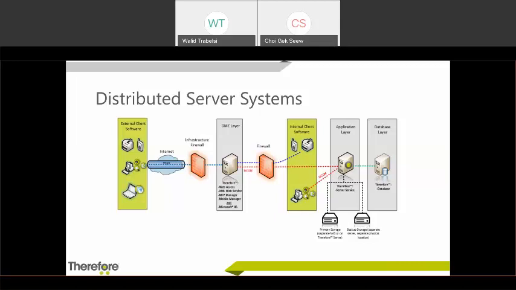But here the subject is how to access your Therefore server without a VPN connection. So it has to be two different servers, so that we can achieve what we mentioned earlier, which is to access Therefore on-premise without the VPN connection.